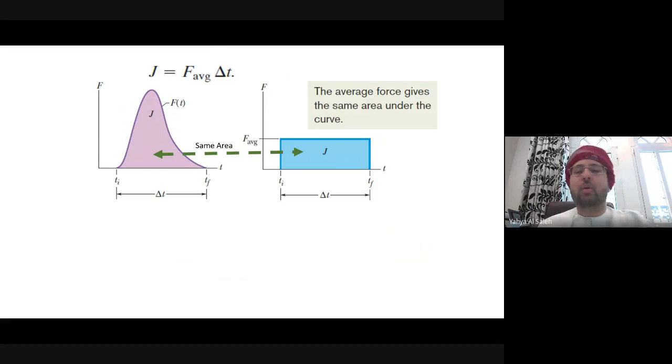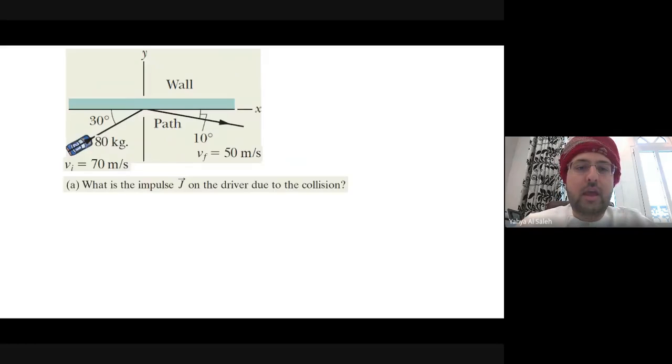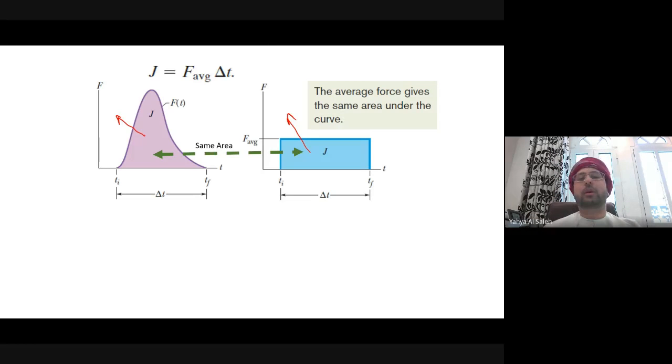Okay. So now look at these two forces. These are two very different forces, yet they are something very same. On the left, in the purple one, you have a force that starts off very quickly and then trails off. On the right, you have a nice rectangular constant force for a regular amount of time. If I take the total J here and the total J here, they will be the same because the areas under these two curves are the same, even though they look different.